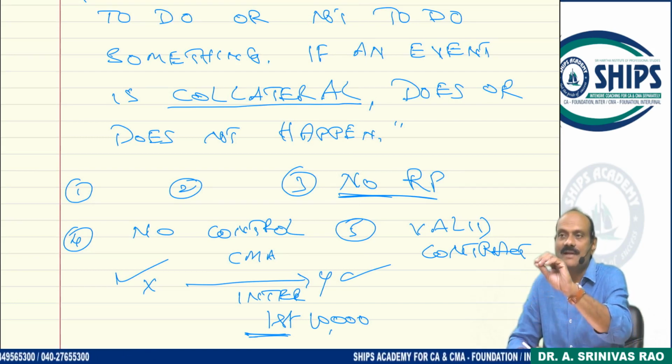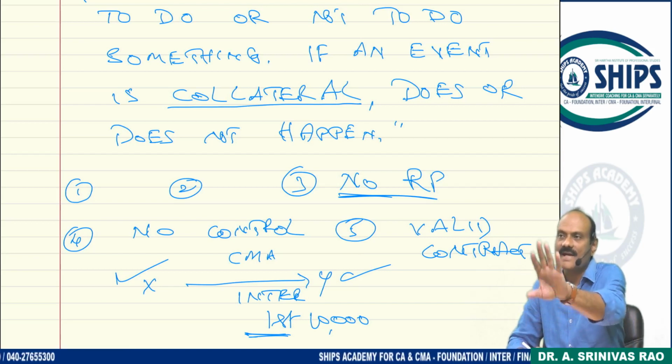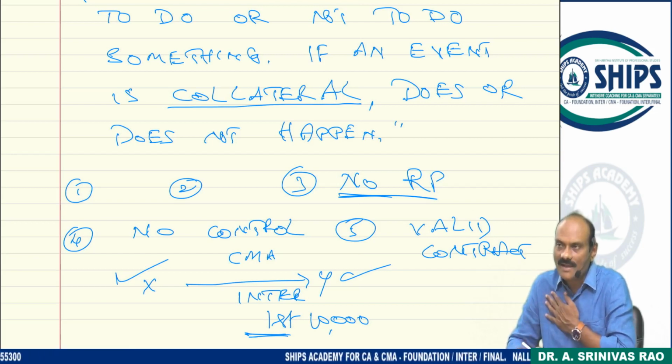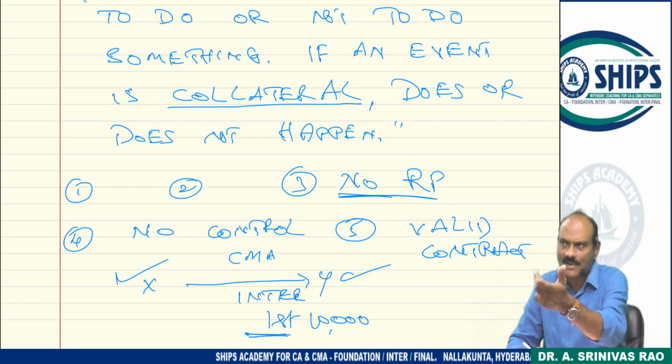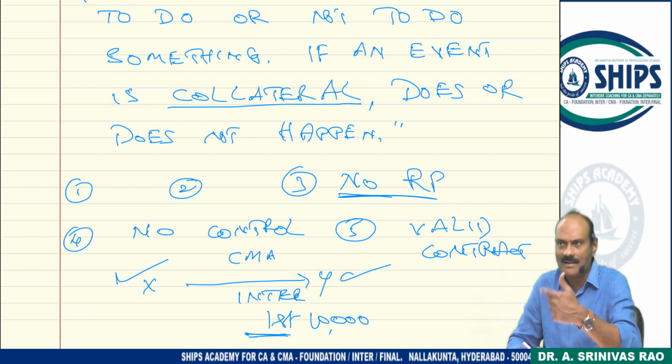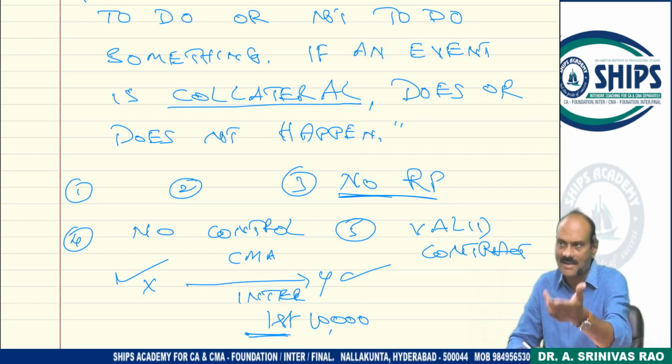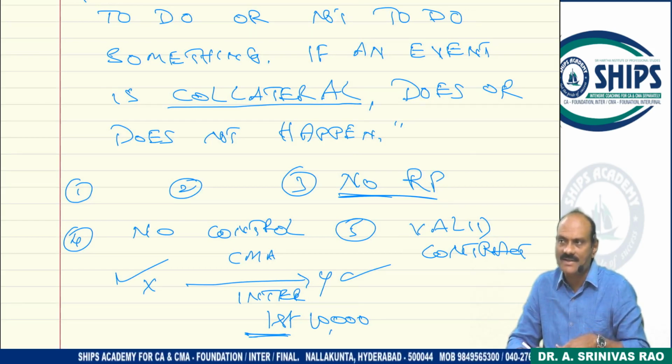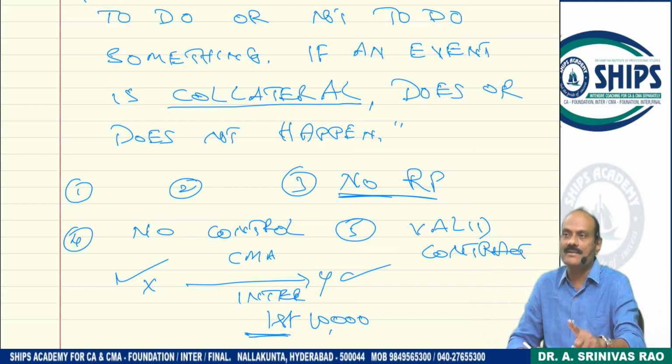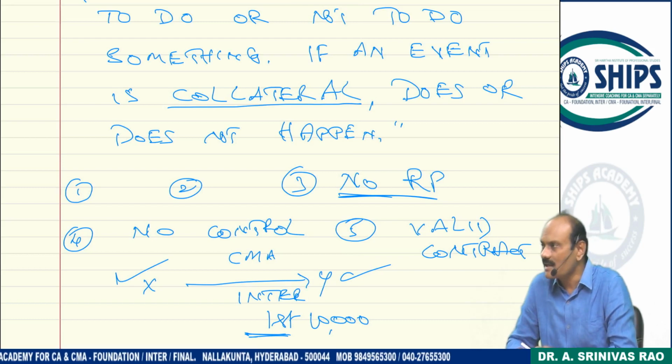Example, I purchased a car. I gave 25 lakhs. What is my loss? Money. I am going to gain a car. That fellow, vice versa, giving the car, gaining money. Both the parties should stand to either gain or loss. Whereas in case of a contingent contract, no reciprocal. Only one person should stand to either gain or a loss.